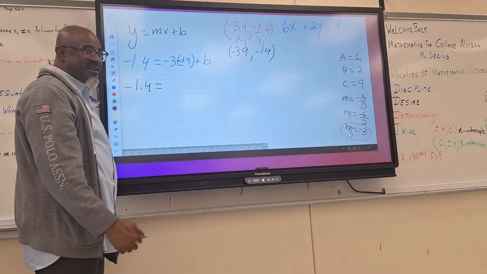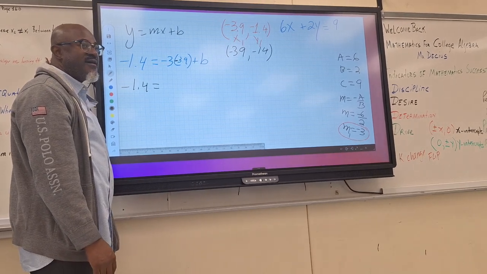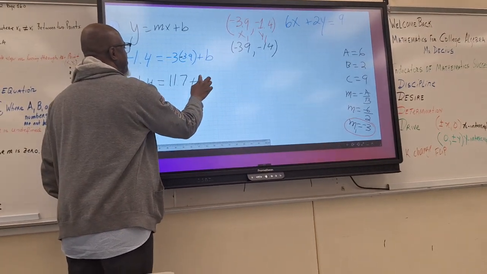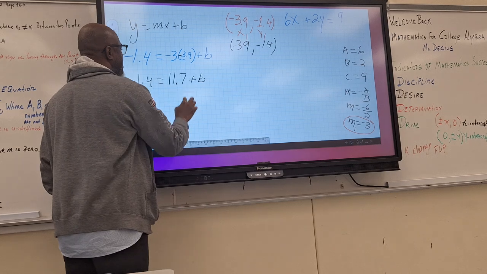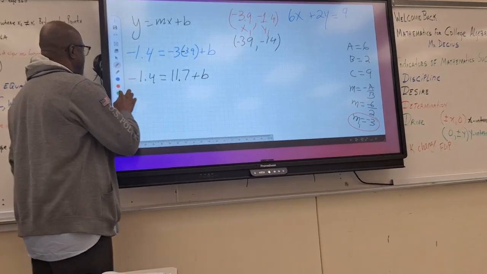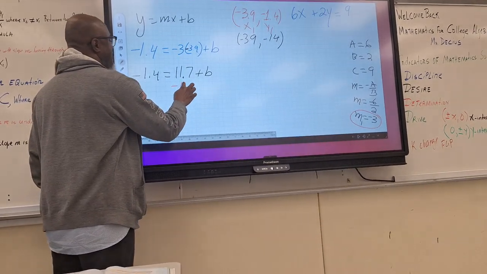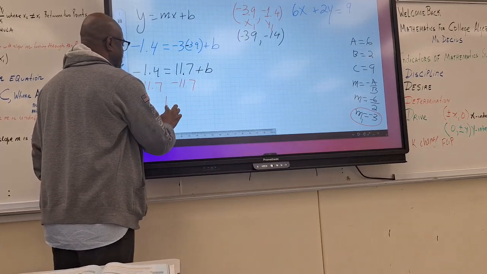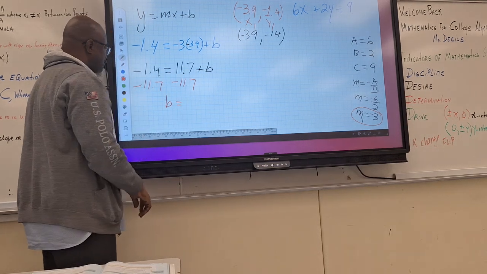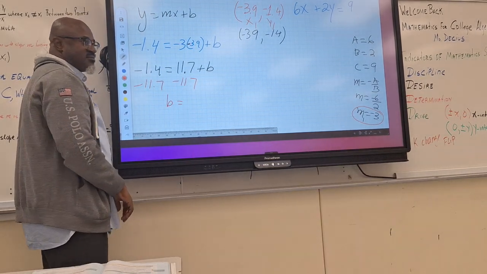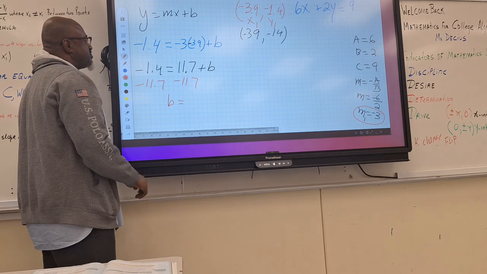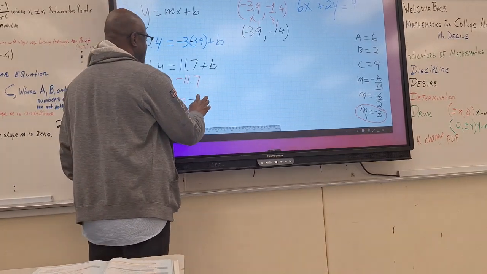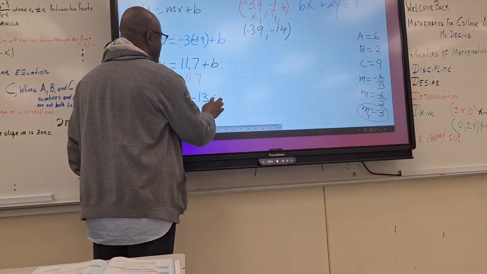Negative 1.4 equals 11.7 plus b. How will you get b by itself now? Subtract 11.7 from each side. In this case, what is b? Negative 13.1.